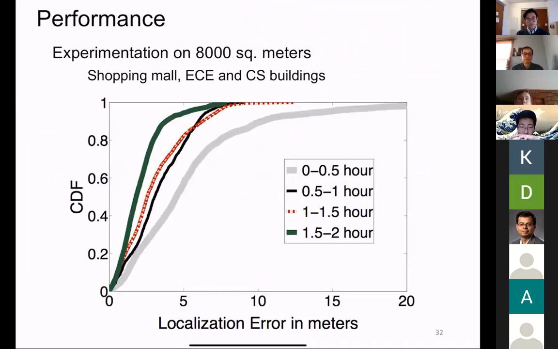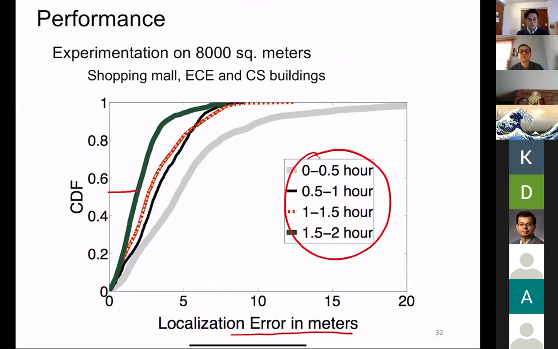Great. So here is one graph which shows the localization error in meters. And this is CDF, the cumulative distribution function. So it roughly says UnLoc's median error. And this is basically how much data did you get?